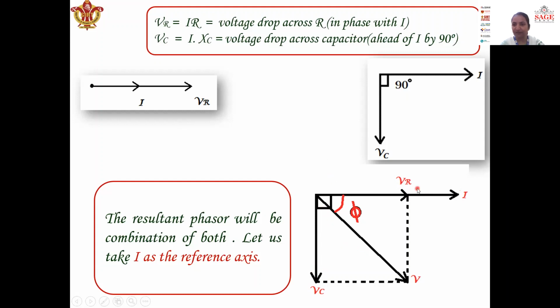VC and VR would be added as vectors, or phasors we can say, and we will get the resultant voltage V here. That means V equals VR plus VC, right? So we will have this voltage according to the vector calculation of VC and VR, and the phase angle between the current and resultant voltage is the phase angle phi, like here.